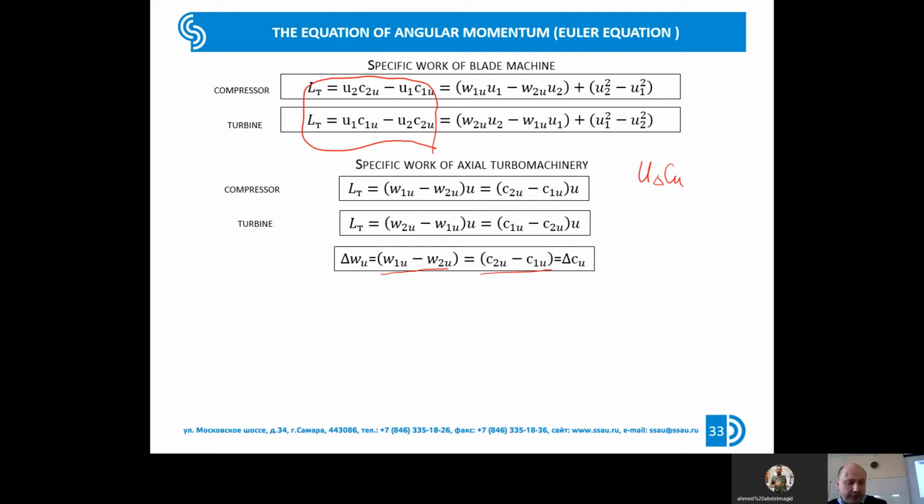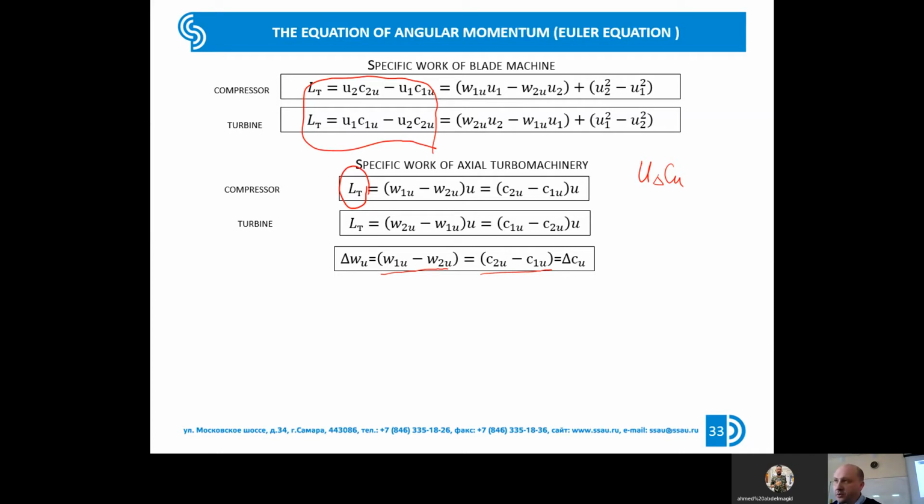Okay, let's try to apply this equation, and let's try to receive some important conclusions. Before we discuss it, I want to pay your attention to one moment. What is L?